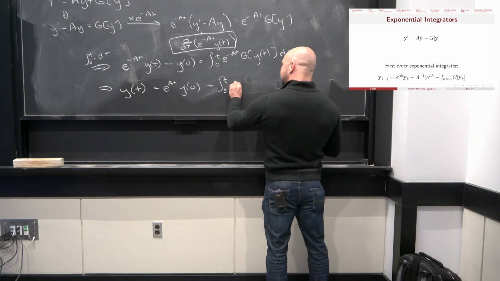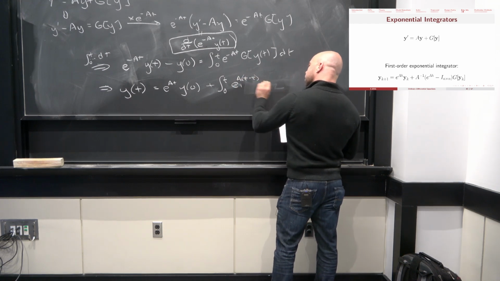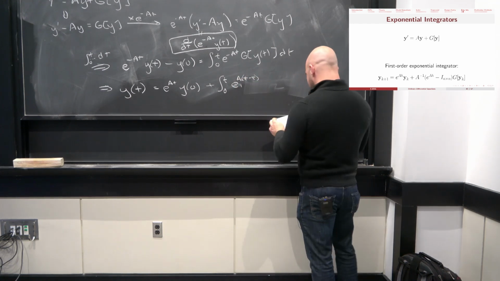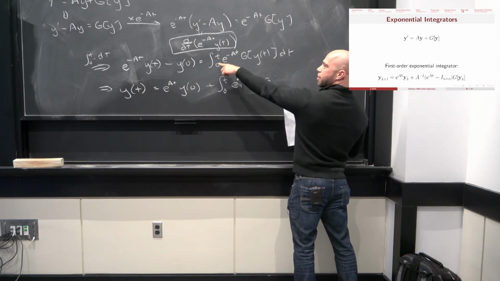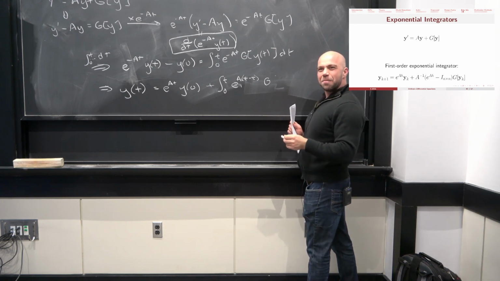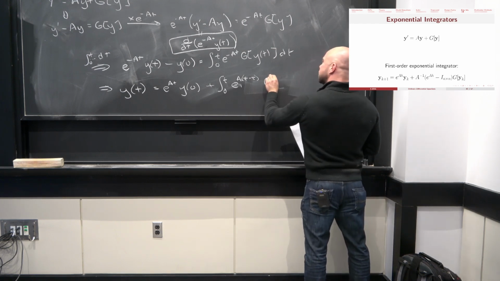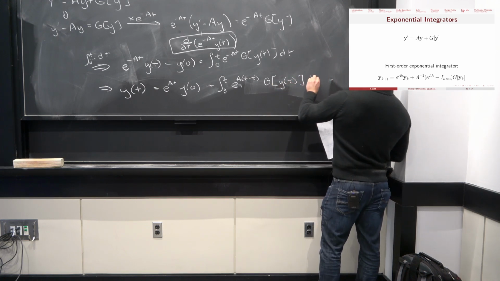So we've got e to the a times t minus tau, times g. By the way, I really should have done that earlier because you see there's two t's here. My high school calculus teacher would do a minus 1 on that one. G of y of tau d tau.